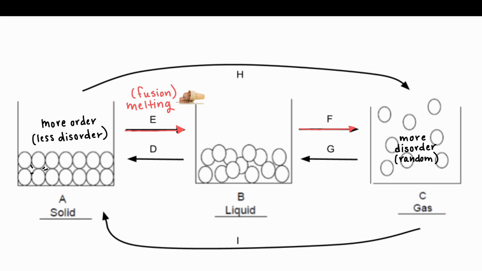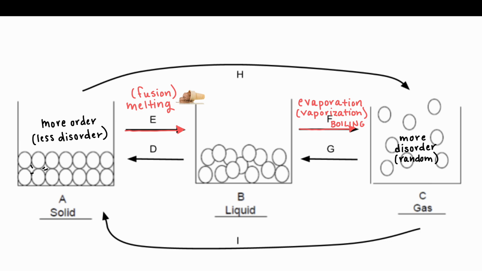Now for F, we go from a liquid to a gas. We would call this evaporation. Sometimes it can be called vaporization or even boiling. Imagine you're boiling a pot of water to put your pasta in.